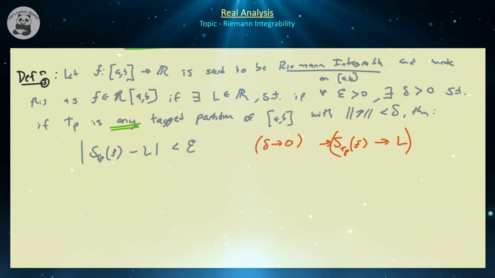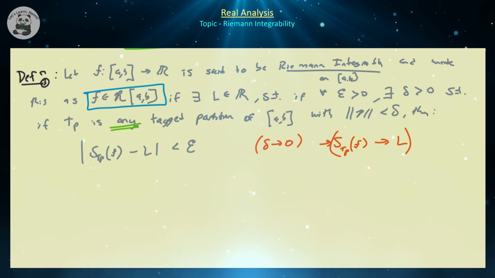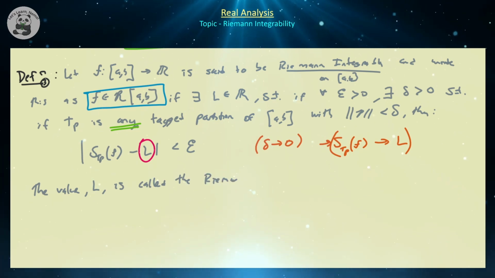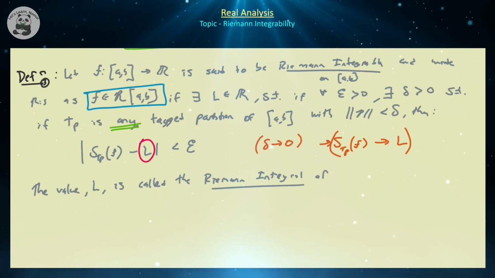So we will write this: if it's true, f belongs to the set of Riemann integrable functions on the interval AB, and we're also going to give a name to this number L. The value L that this supposedly converges to is called the Riemann integral of f on AB.